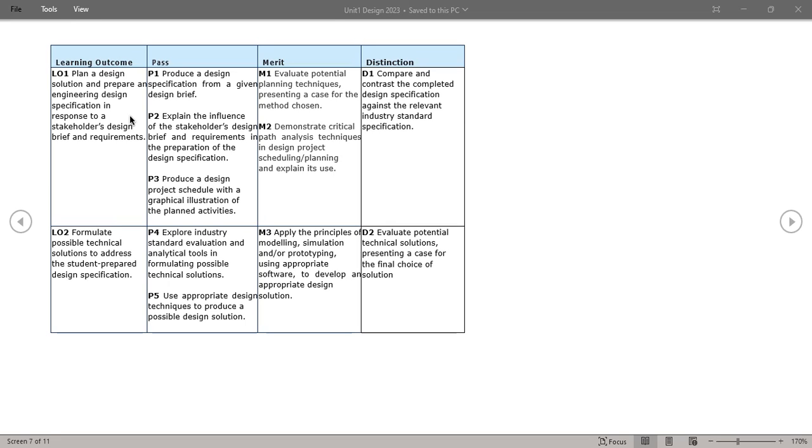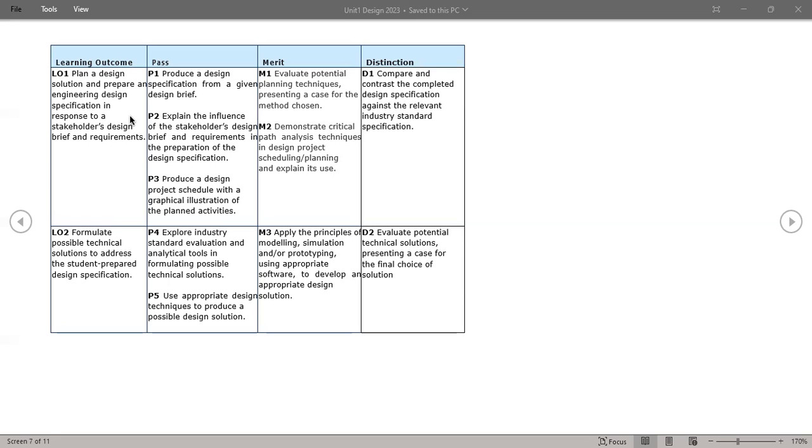So that may require going back to the customer and explaining that certain aspects of the brief may not be technically possible, or for example, they may not meet legal requirements. And that is one aspect of being a professional engineer, is to guide and advise the customer.